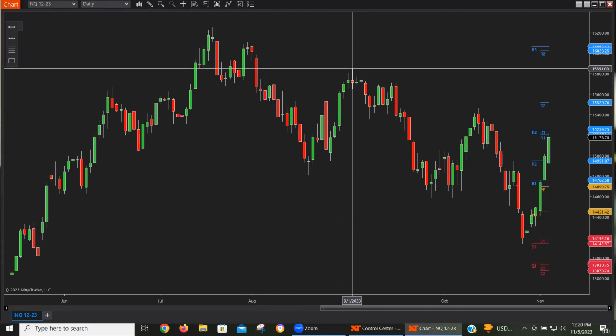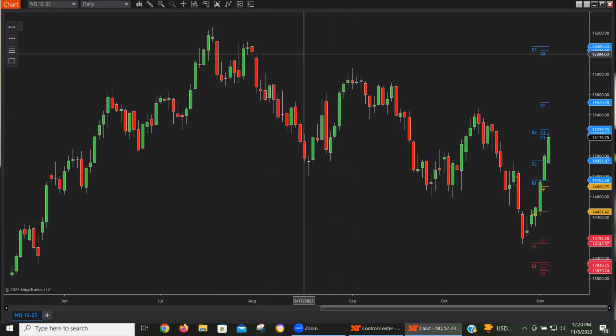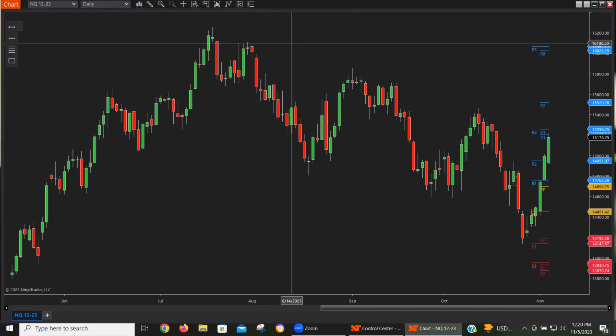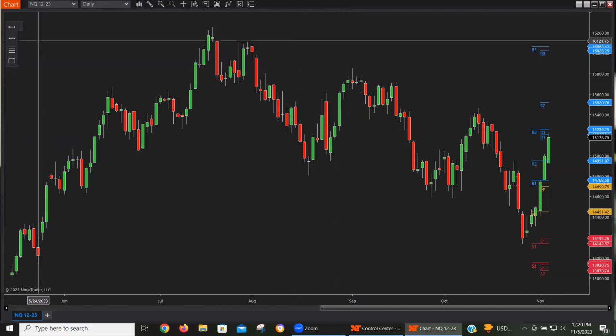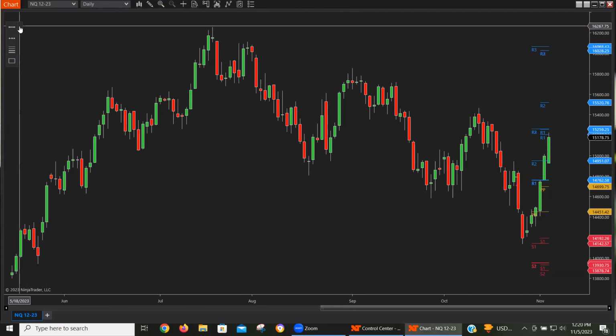From here to where the stop loss would be, either here or here, I don't even have the ruler on this one. Put that on this chart.